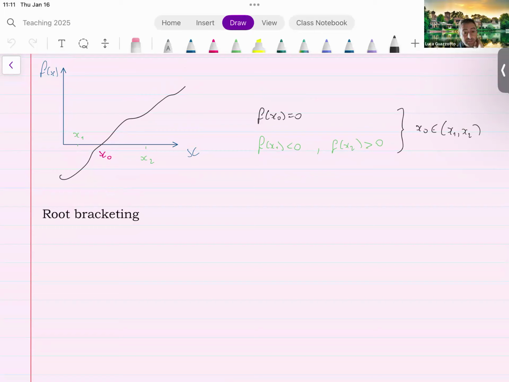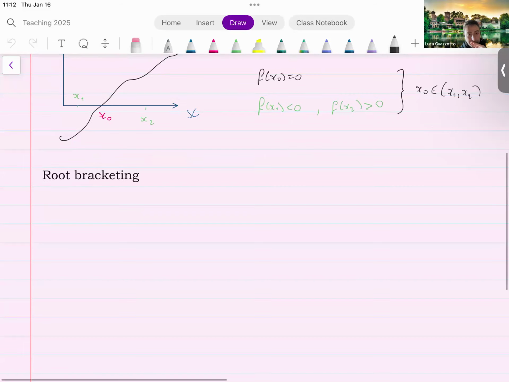We may get a good approximation of whatever number, but chances are we're not going to have an exact value for a number. And it's not going to make a lot of difference if we include or exclude extremes from intervals and so on.